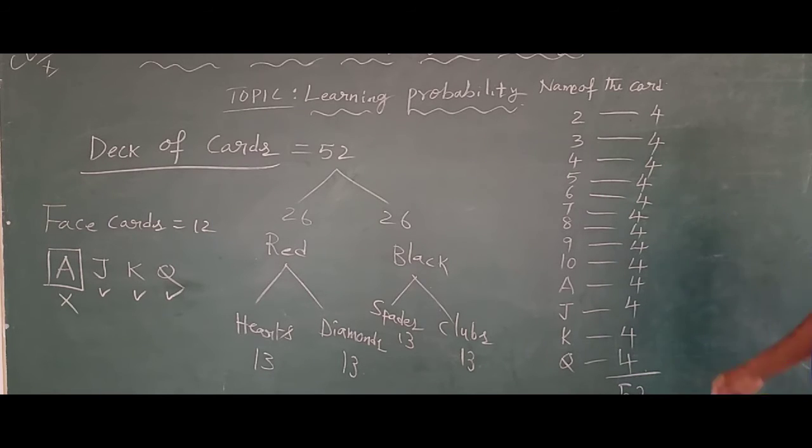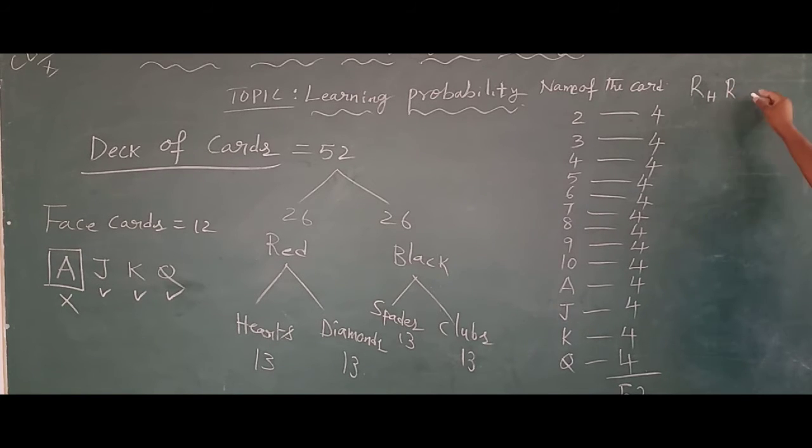Now see carefully: red hearts and red diamonds, black spades and black clubs. Here RH means red hearts, RD means red diamonds, BS means black spades, BC means black clubs.